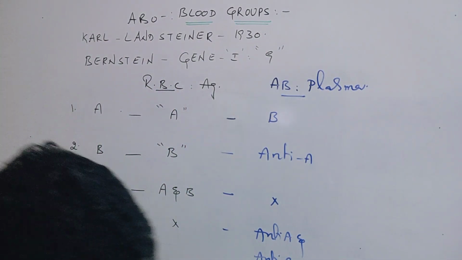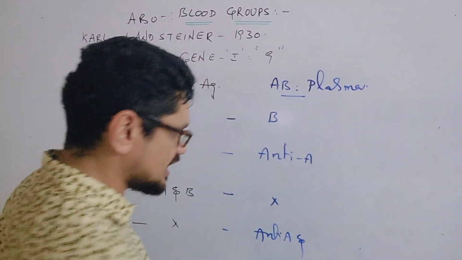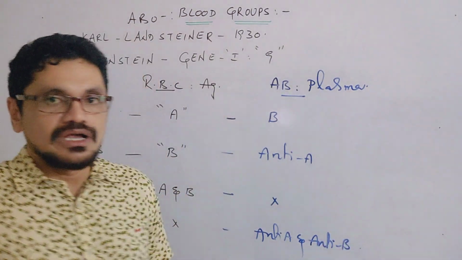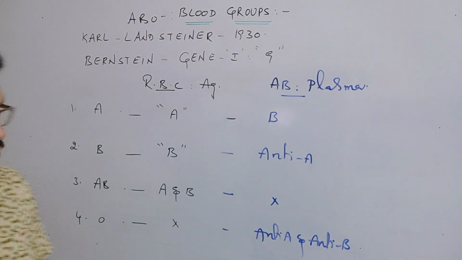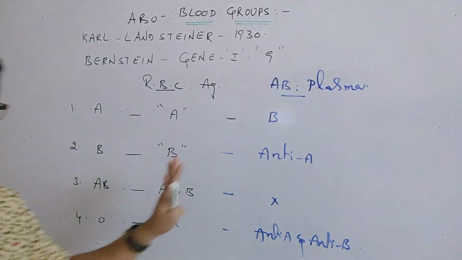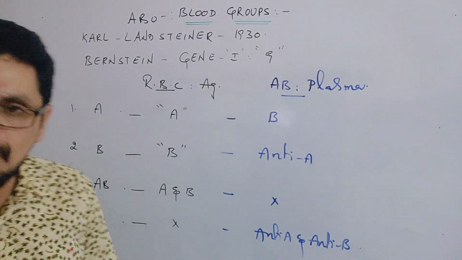Both types of antibodies, anti-A and anti-B, are present in persons having O blood group. So these are the antigens and antibodies present in the blood groups of different types of persons in the population.